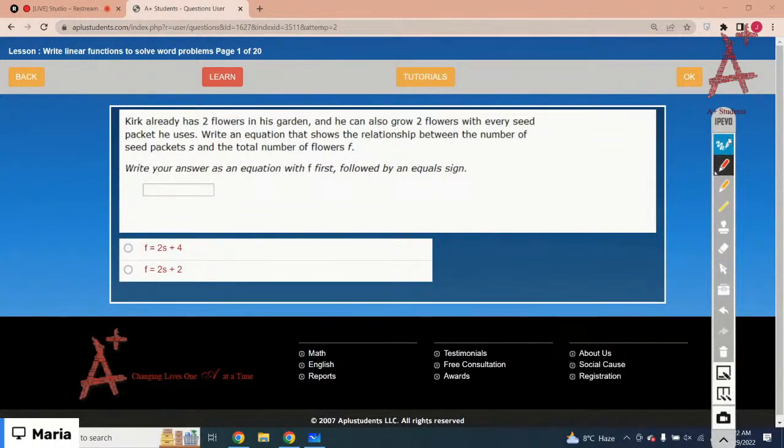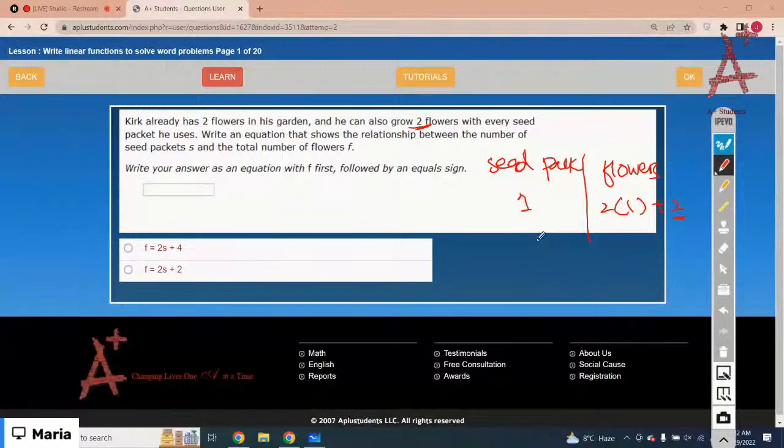So let's start with the two you already have. So when you have one seed packet, it would be 2 times 1 because he can grow two flowers from each seed packet and he already has two.